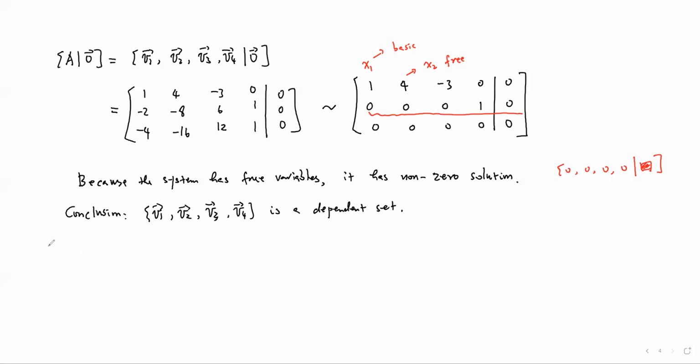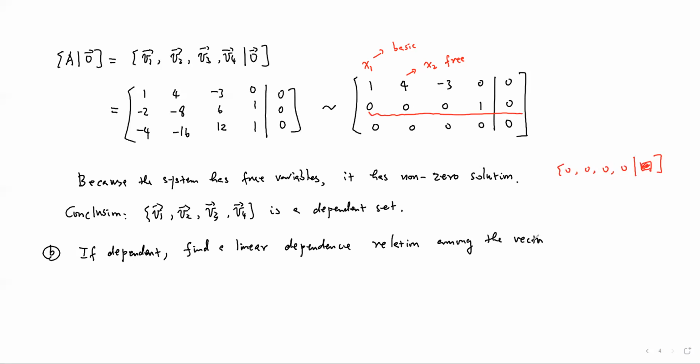Now part B. If dependent, yes, part A says that the set is dependent, then find a linear dependence relation among these 4 vectors.